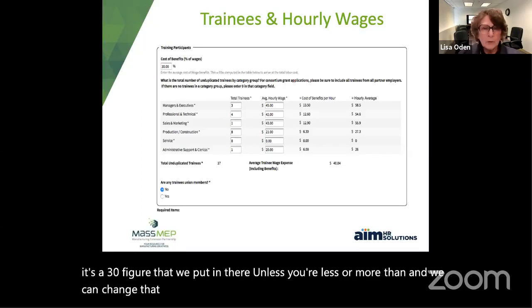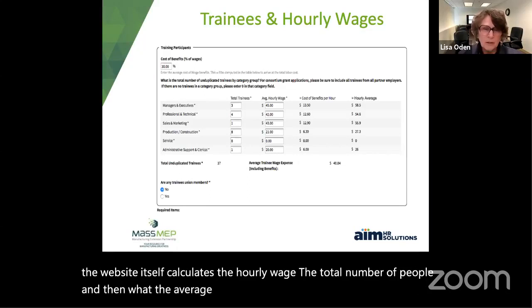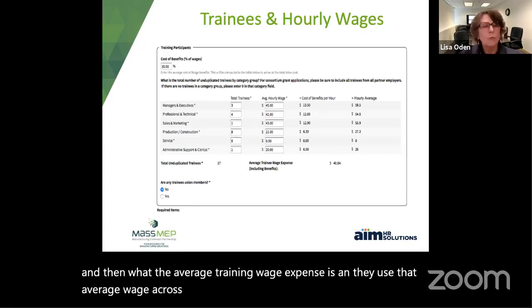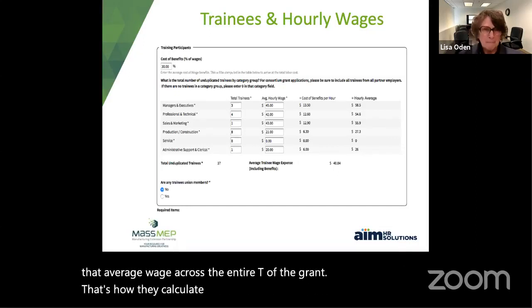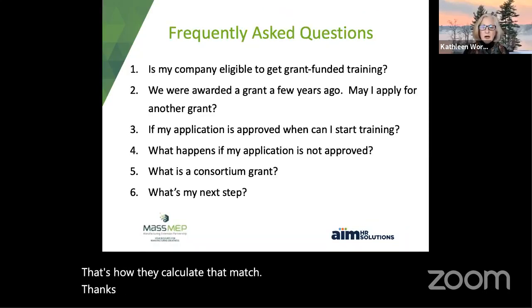Once you enter all that information, the website itself calculates the hourly wage, the total number of people, and then what the average training wage expense is. And they use that average wage across the entirety of the grant. That's how they calculate that match.